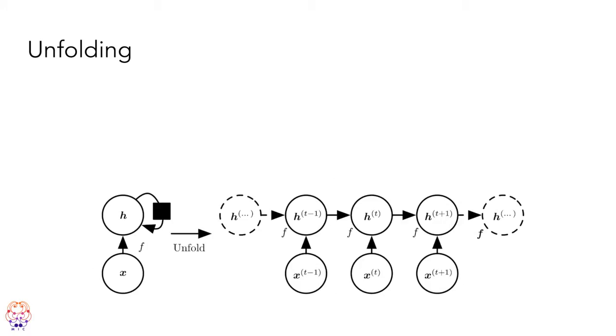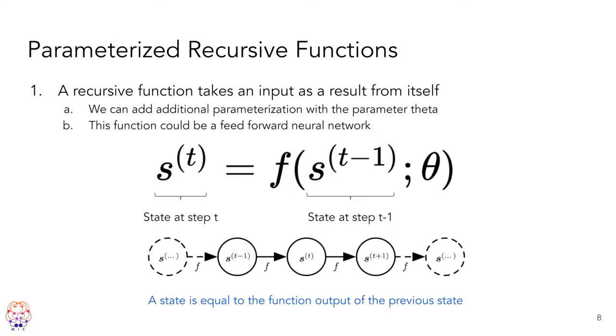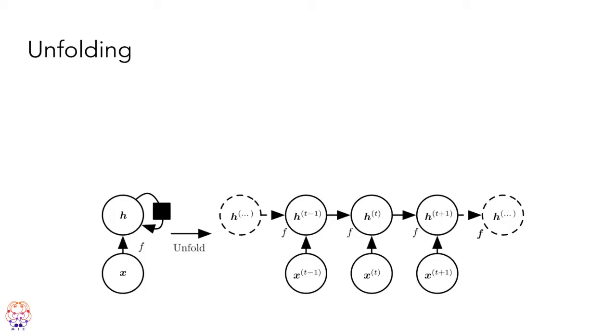So here's a new thing. Before we just dealt with states over time, but now we want to include additional information. So we add an input x here. Now we have a function that takes in two things: your hidden state and then your input.